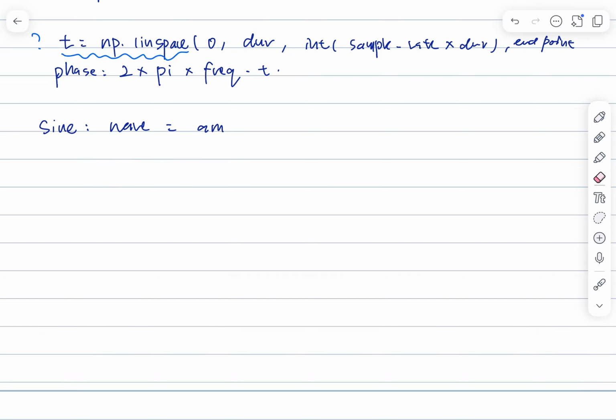We have amplitude in the front because we want that A. Then we have, this is NumPy again, np.sin of phase. So basically what we're doing here is calculating all of the dots. This gives you a lot of dots as our t, and then the phase is going through the t.